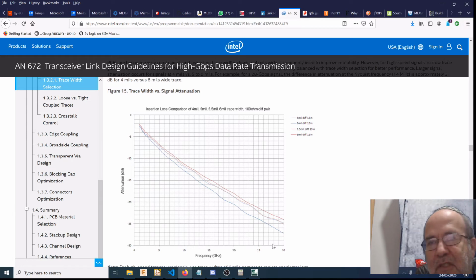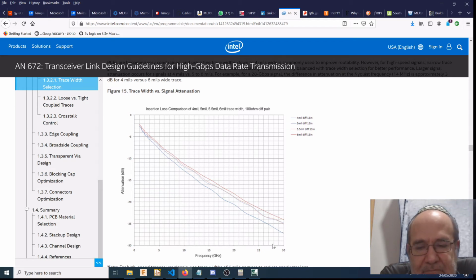That's roughly where the end of that we get to on Serdes. Serdes, as far as I know, tops out at 28 gigahertz. The highest, fastest Serdes which we have.